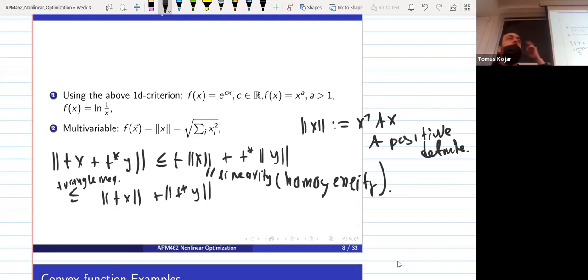In statistics, this is called a covariance function, right? With a Gaussian covariance matrix. Anyway, so this is another norm. It's also a norm, but it's hard to prove. You need the 2 to 4 stuff to do it. Okay.